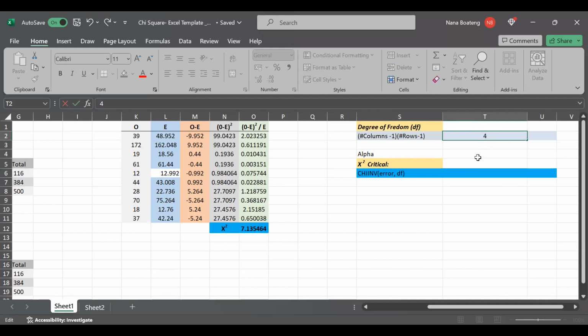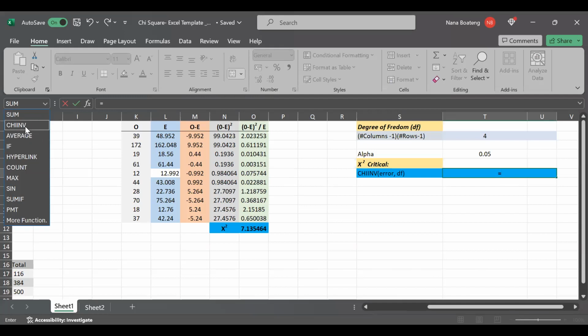Then our alpha is 0.05. So for chi-square critical, let's go to chi-square inverse.